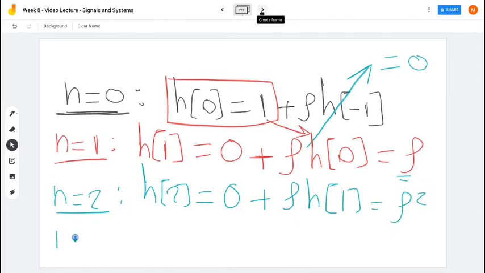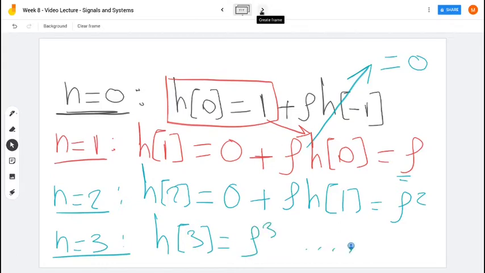Similarly, if we do for n equals 3, we will get h of 3, it will be rho cubed, and so on. So now we can come to the conclusion that at n equals 3, it's rho to the power 3. At n equals 2, it's rho to the power 2.